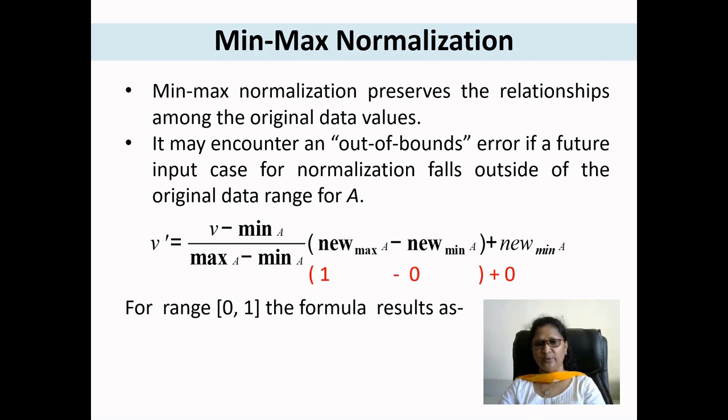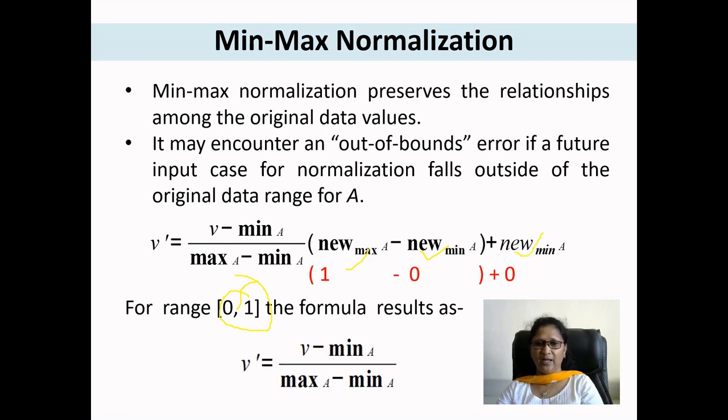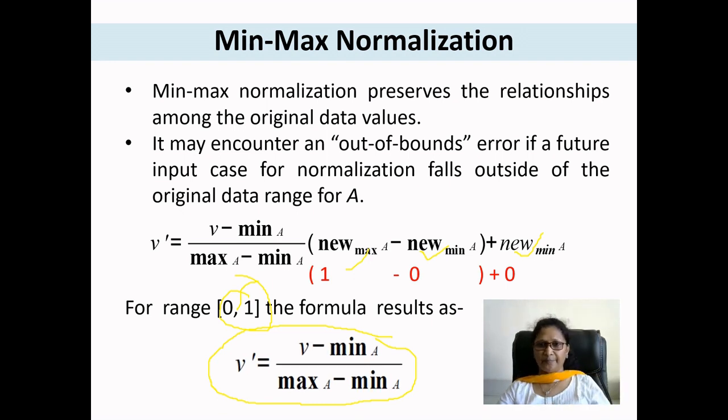When we substitute 1 for new max, 0 for new minimum, and plus new minimum value as 0, it results in the formula which is most popularly used and very easy to remember for the range 0 to 1: V dash is equal to V minus min A divided by max A minus min A.